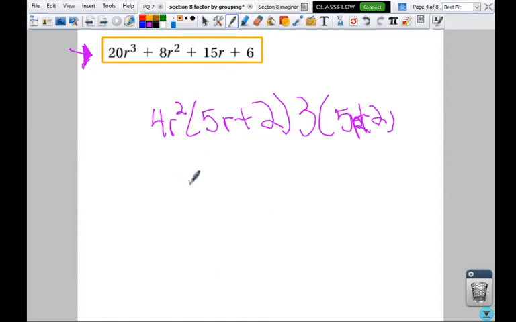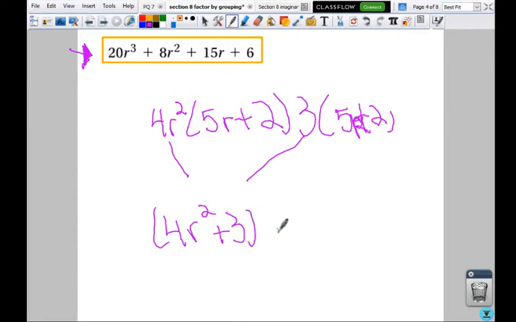So he kind of skipped a step. He figured out what he was factoring out, which is fine. You guys have done quite a few of these by now, so it's not a big deal. Looking good.